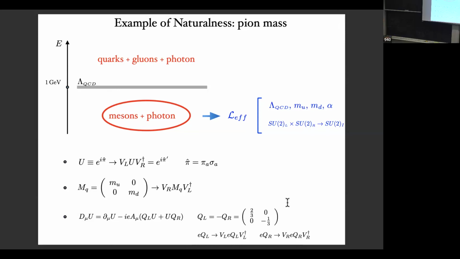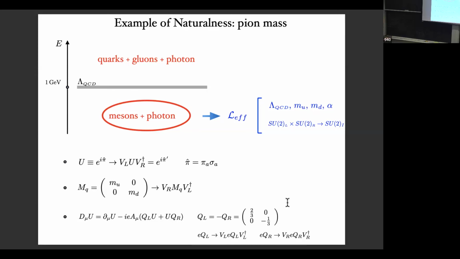This consists of the photon, which remains massless, and the so-called pseudo-Goldstone bosons, or the mesons, focusing, for instance, just to make the discussion simpler, on two-flavor QCD, even though QCD has 3 flavors. These mesons are just the pi plus, pi minus, and pi zero.